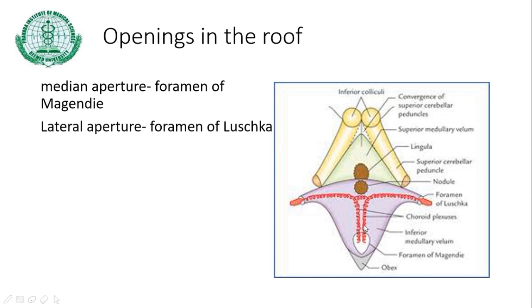There is a median aperture, the foramen of Magendie, which communicates with the subarachnoid space in the region of the cerebellomedullary cistern. The lateral apertures communicate through the foramina of Luschka with the subarachnoid space.